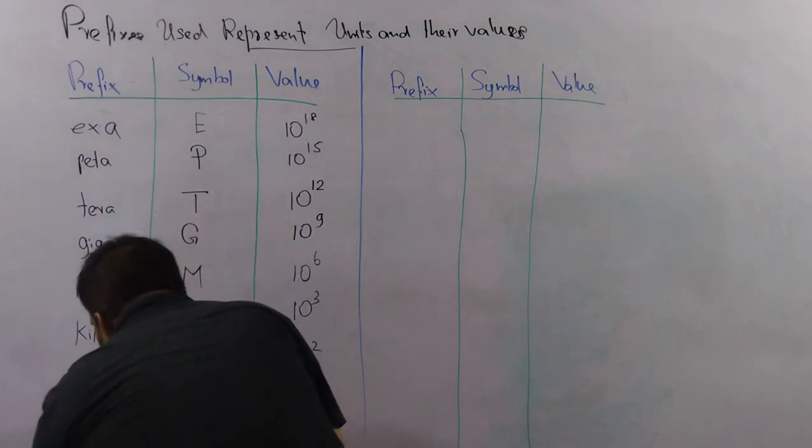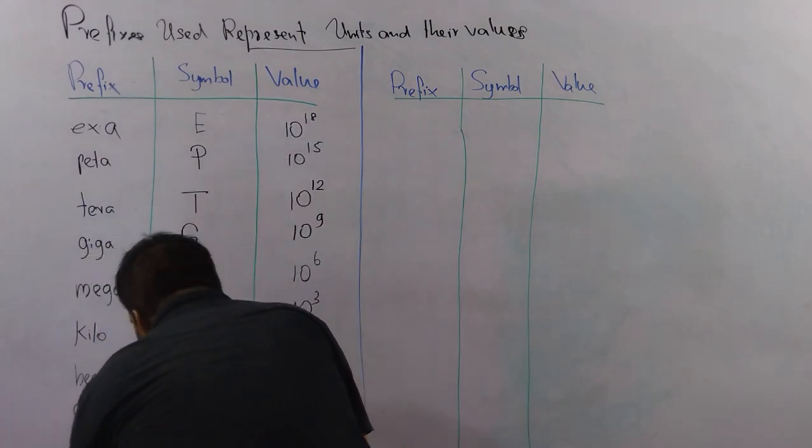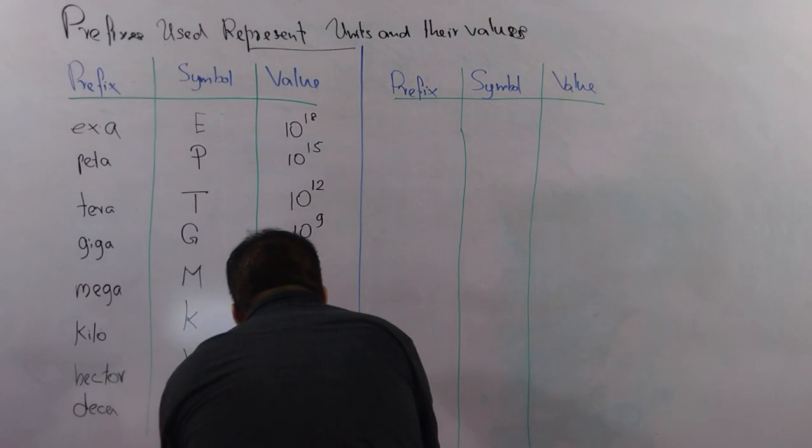Then deca, that is da, that is 10 to the power 1, or 10.